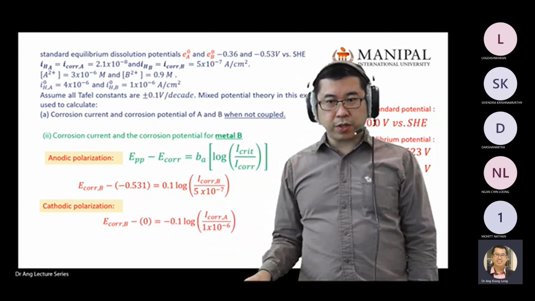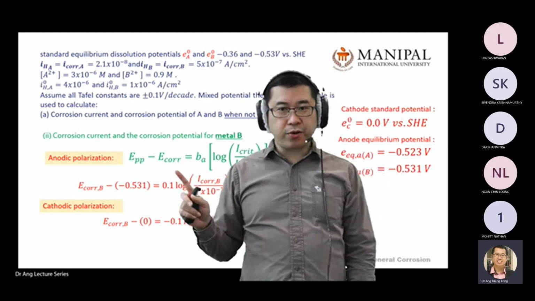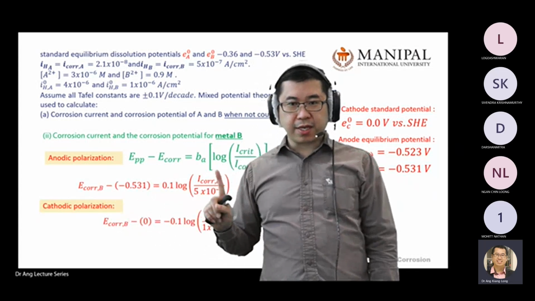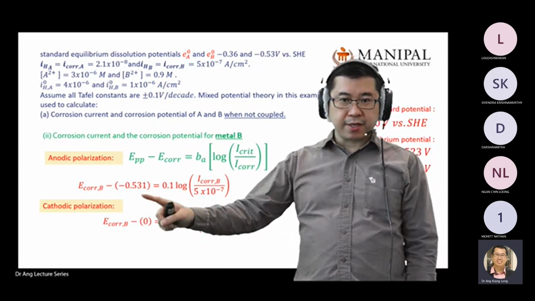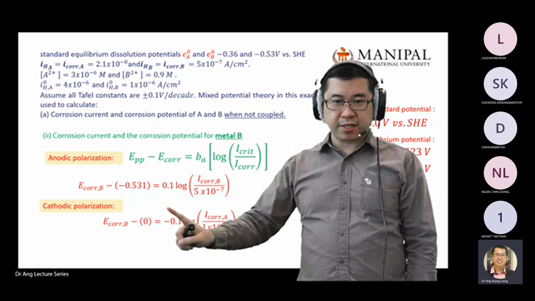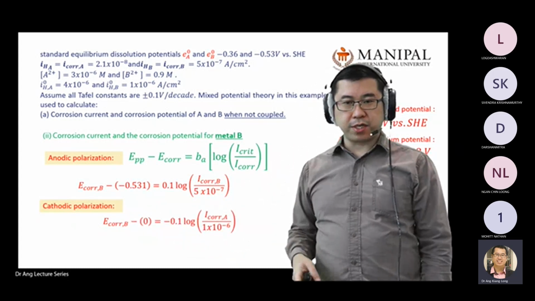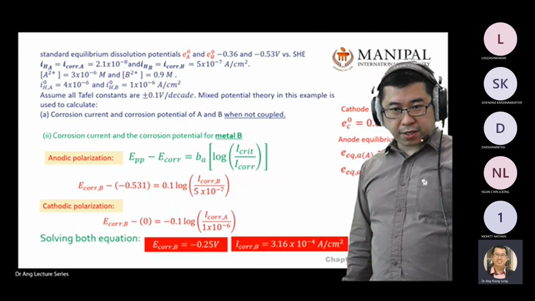Again, two equations, two simultaneous unknowns here, this one and this one. So two unknowns, two equations, you can solve, right? So just again assume this one as y, this one as x. Y and x, you have two equations. Solve the simultaneous equations. I give you the answer.